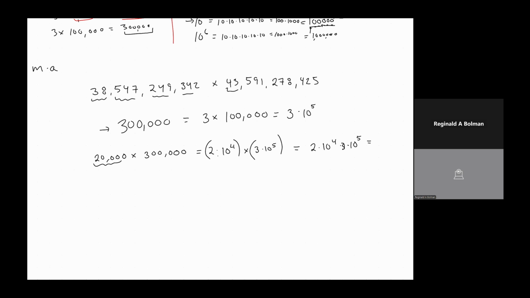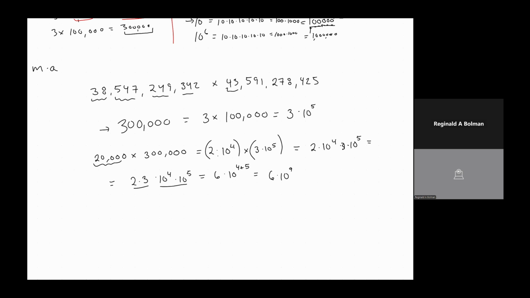But if you use the commutative law to do some rearrangement, you take your 3, park it next to your 2, take your 10 to the fourth, park it next to your 10 to the fifth. Now 2 times 3 gives you 6, and 10 to the fourth times 10 to the fifth, by the additive law of exponents, we just add these exponents together, we get 10 to the ninth. So we have 6 times 10 to the ninth.